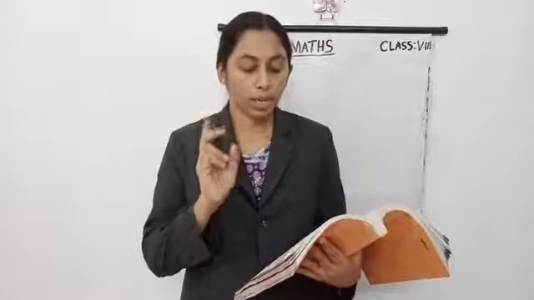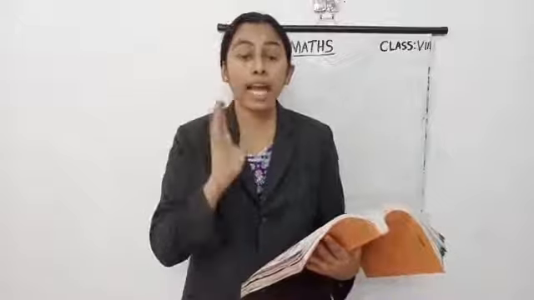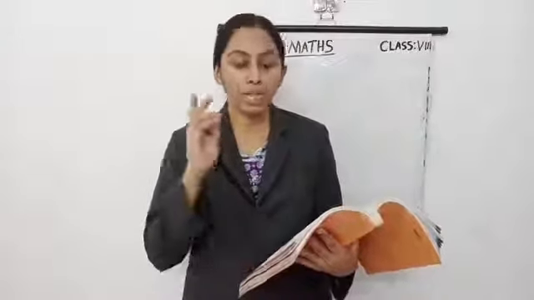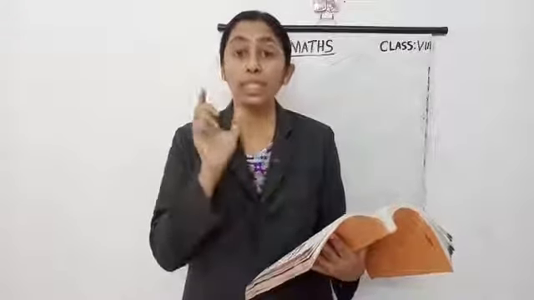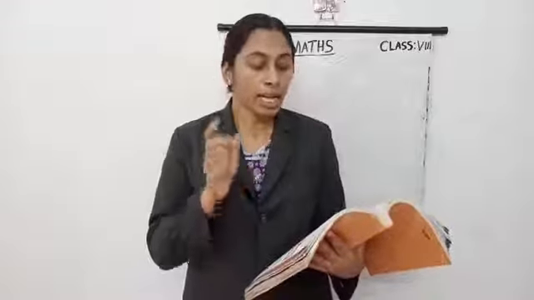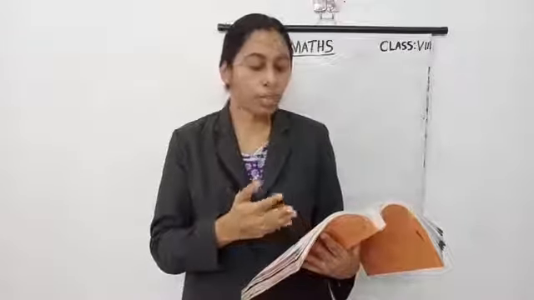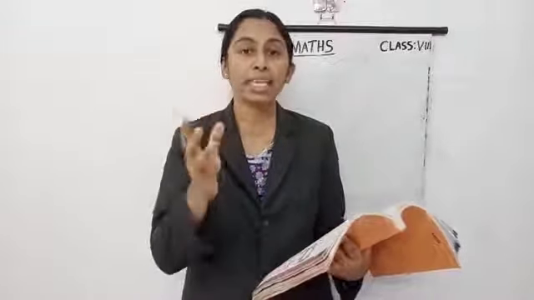In this question, two figures A and B have the same perimeter, but one is a square and the other is a rectangle. Then it asks which field has the larger area.